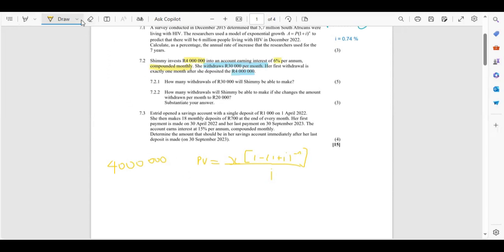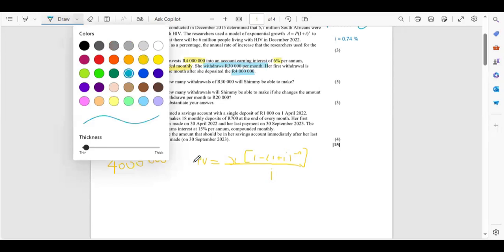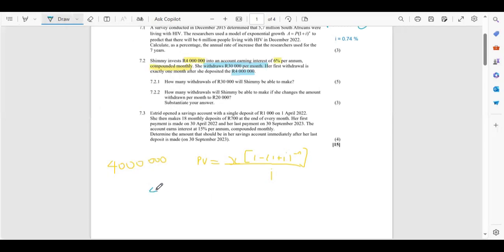So let us go about doing that. Let's substitute what we're given. What is our present value? Our present value is 4 million. What is the value of x? x is your withdrawals in this case, and it's 30,000. So here is 1 minus (1 plus, what is my interest here? My interest is 6% compounded monthly, which is 0.06.